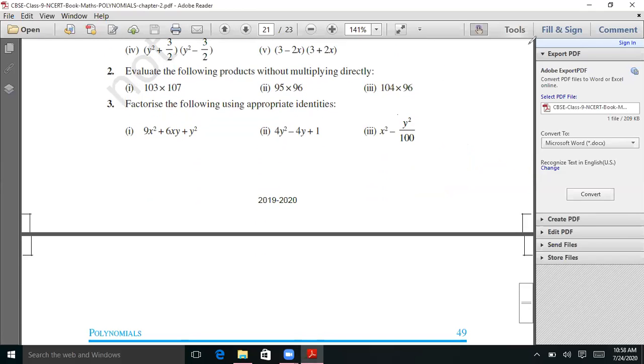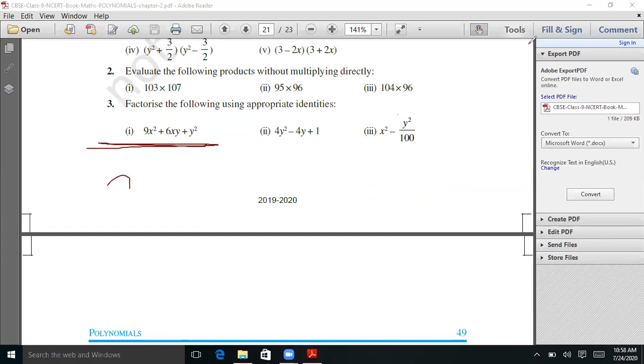Third question is factorize the following using appropriate identities. First one is given 9x square plus 6xy plus y square. So here you are to factorize now. Factorize means you are to form it in the multiply form. Yes, that means you will form your identity and then you can write it in factorization form.